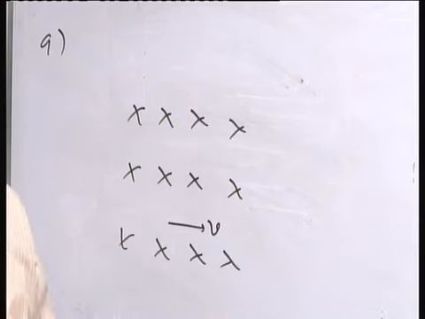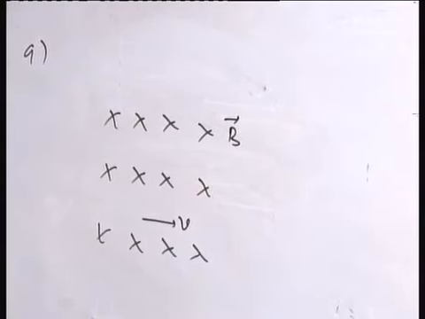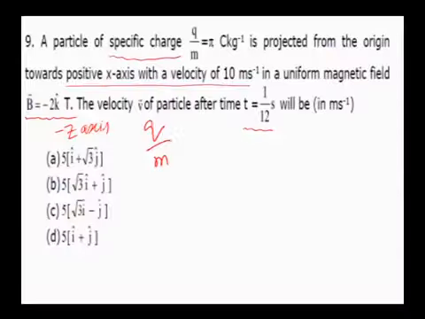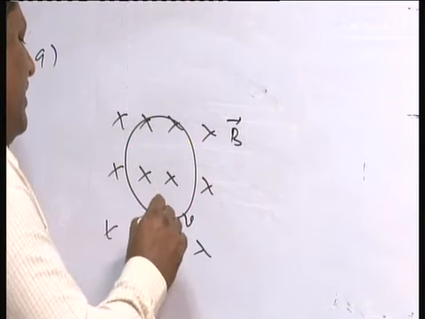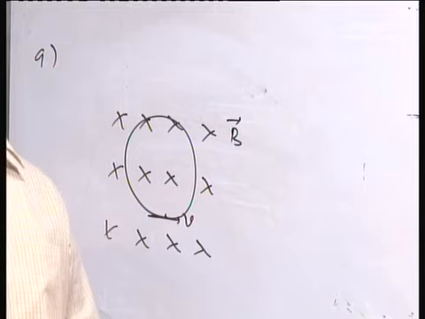Okay, and in this case I can say velocity of the charged particle and magnetic field are perpendicular. Therefore the charged particle moves along a circular path. So we should find what is its velocity after time t equals 1 by 12 second. Suppose if in 1 by 12 second the particle completes one revolution, and if it comes to the same point, then I can say its velocity remains the same only.